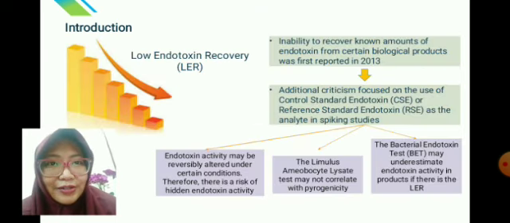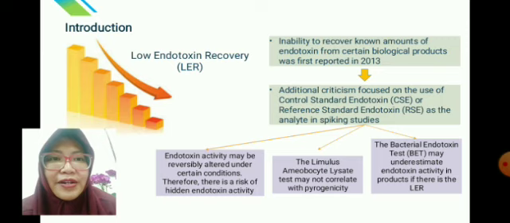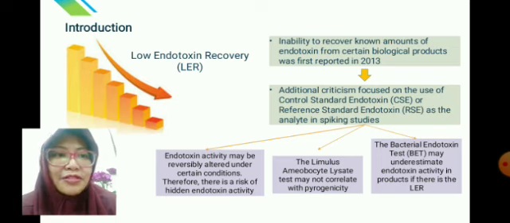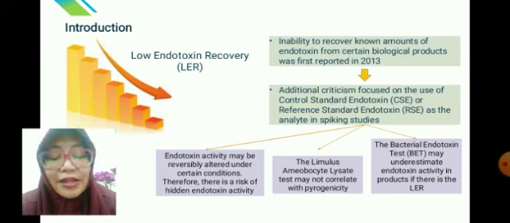This situation of low endotoxin recovery was first reported in 2013. There is additional criticism focused on the use of control standard endotoxin or reference standard endotoxin as the analyte in spiking studies. Why does low endotoxin recovery exist? There are three points that can cause this situation.